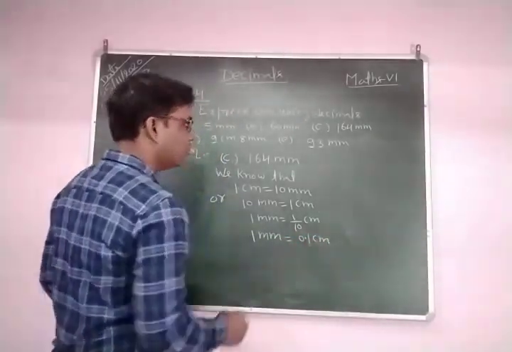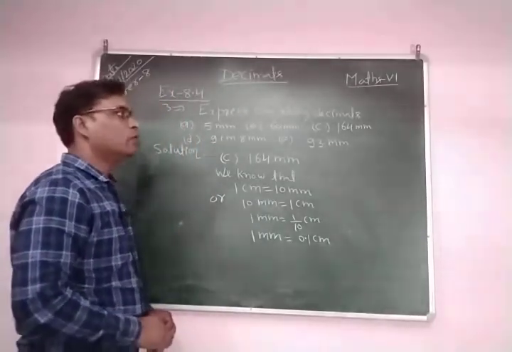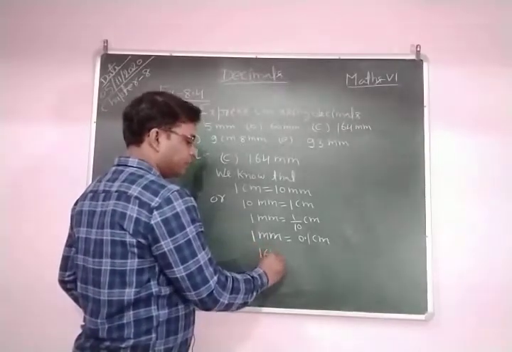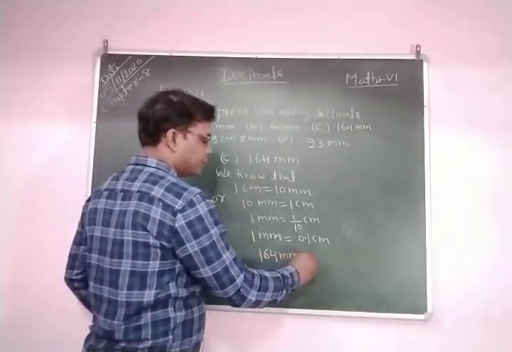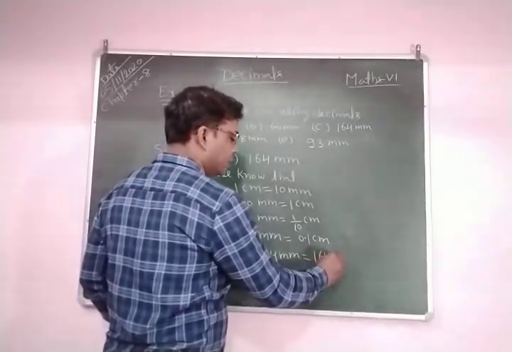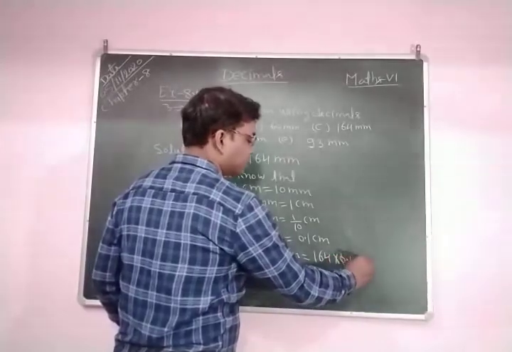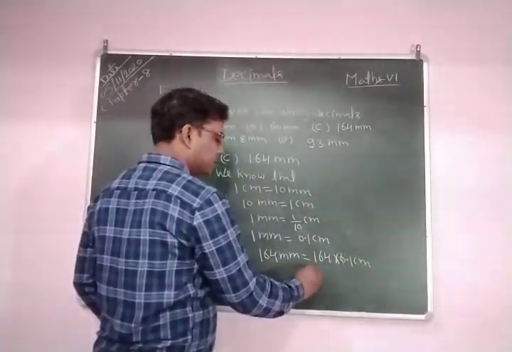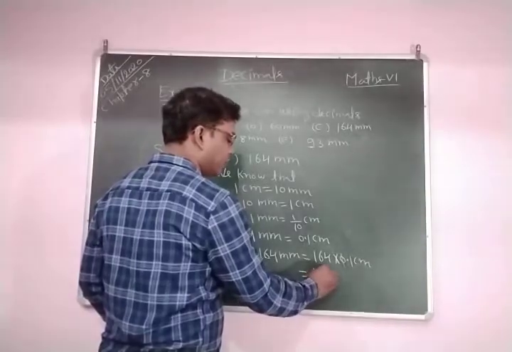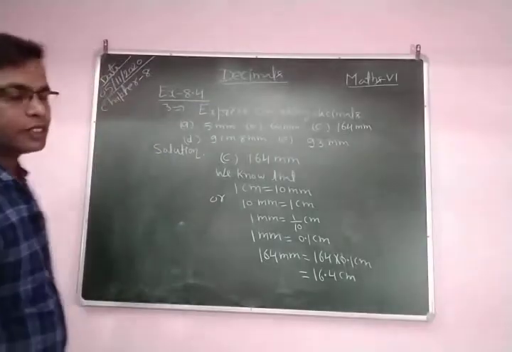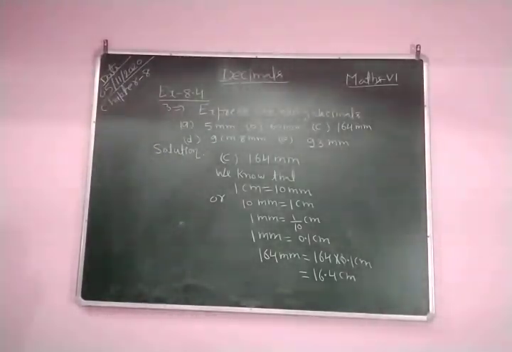We have here 164 millimeters. So 164 millimeters is equal to 164 into 0.1 centimeters. So it becomes 16.4 centimeters. In this way we convert 164 millimeters to 16.4 centimeters.